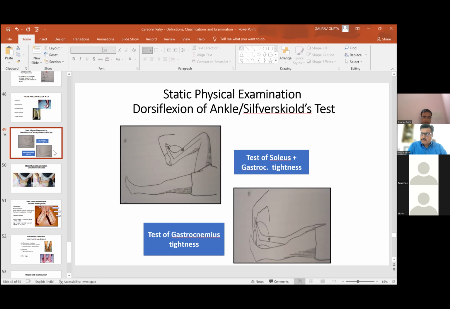Whereas in the Silfverskiöld test, we are checking the ankle dorsiflexion in knee flexion and knee extension. The difference in ankle dorsiflexion tells us whether there is only gastrocnemius tightness or a combination of both soleus and gastrocnemius tightness. Usually our aim is to have more than 15 degrees of ankle dorsiflexion at knee extension to have a normal gait.